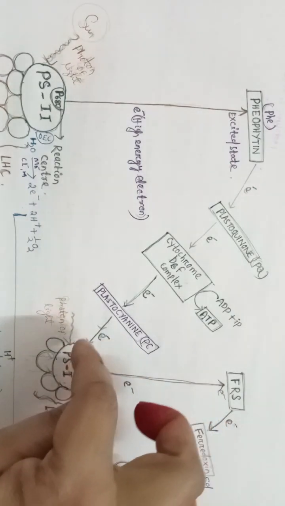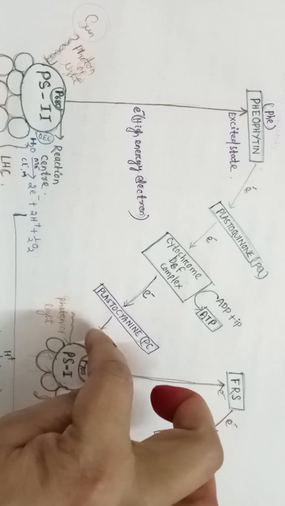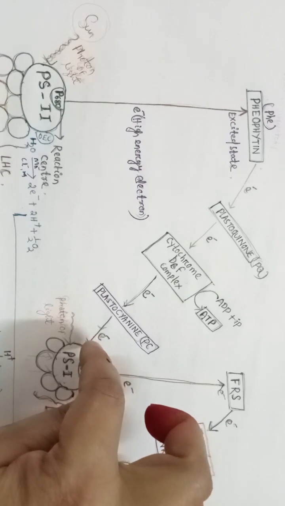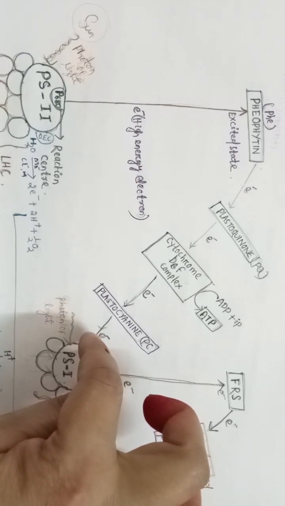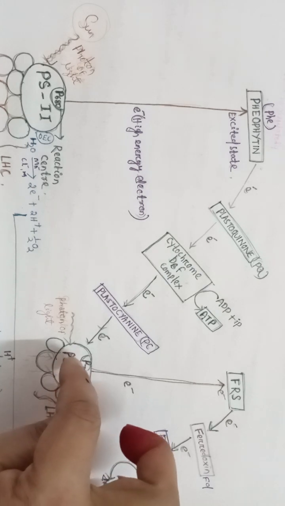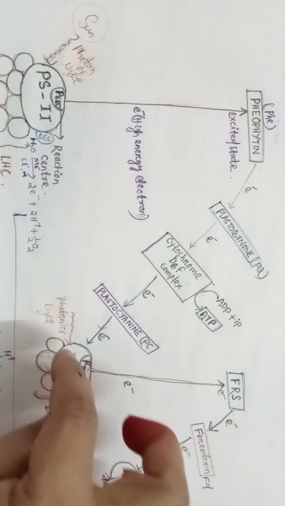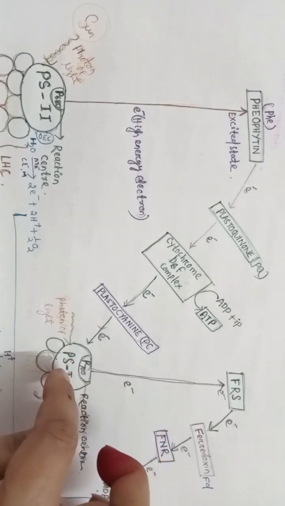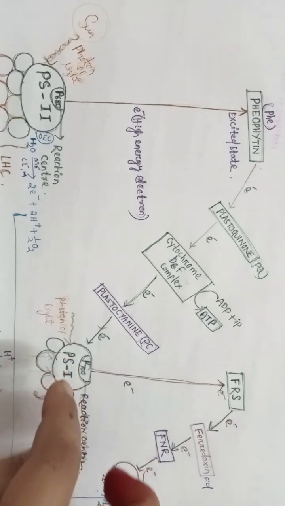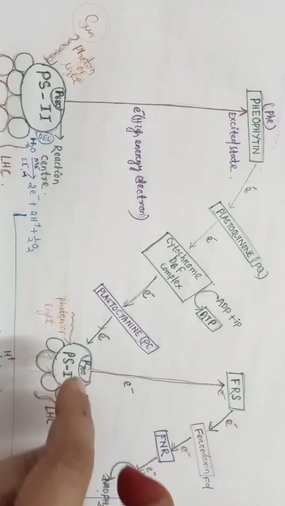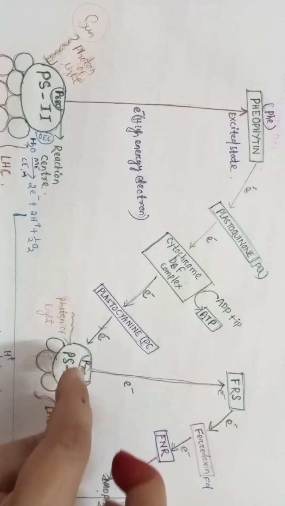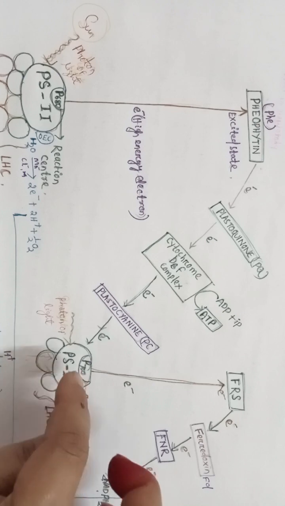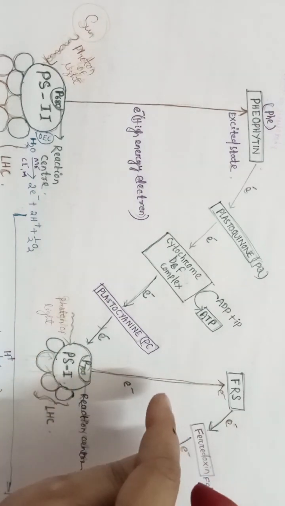And now, what happened to the electron of the reaction center? Okay. At the same time, when the photon of light is absorbed by photosystem 1, photosystem 1 is activated and its reaction center comes into an excitation state and releases its electron.